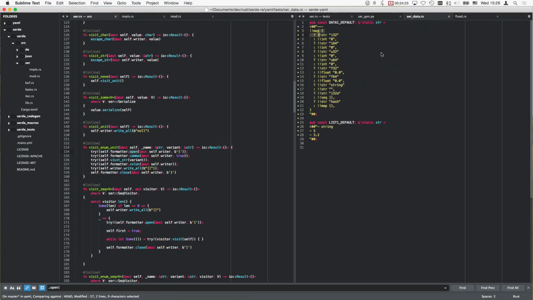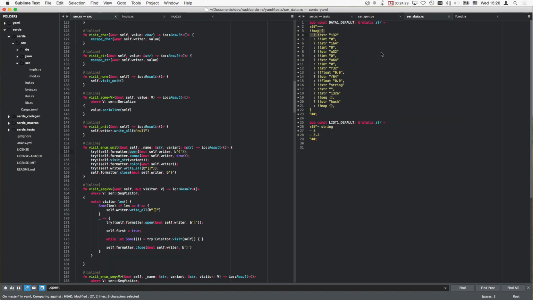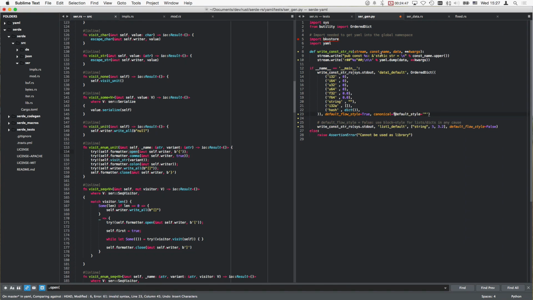Oh, wow. So that's kind of YAML 1.1 special syntax. That kind of means the key is a string called i32, and the value is an int with the string none. So that's the kind of stuff I need to be able to parse as well. But yeah, well, it's close. So default style, what if it's an empty string?